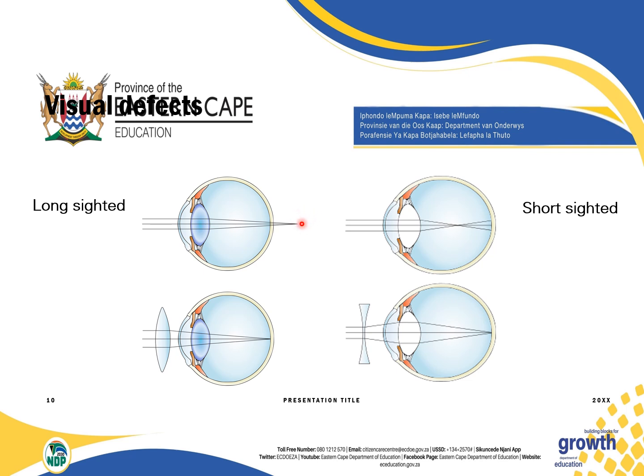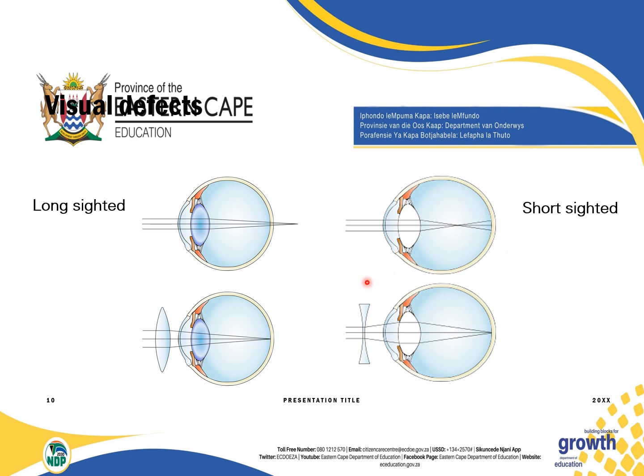Okay? This can be corrected by using a convex lens. A convex lens will bend light inwards so that now the light will focus on the retina and a clear image can be formed. In short-sightedness, the lens cannot flatten enough, and this means that the light is going to be focused before the retina, causing a blurred image to be formed on the retina.